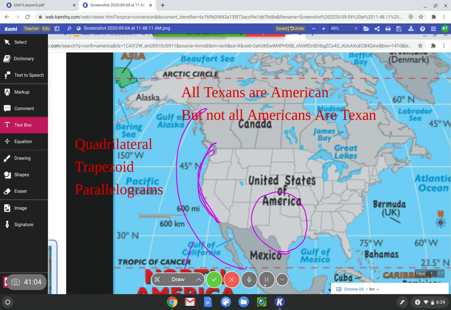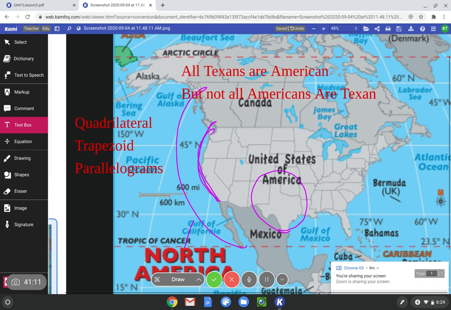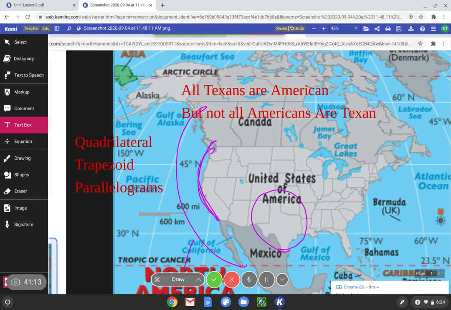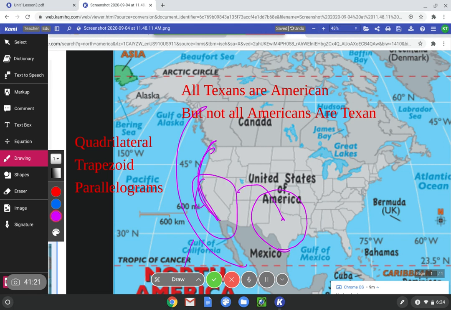So let's repeat that main idea. All Texans are American, because Texas is in the United States. But not all Americans are Texan, because if you're from California, you are not from Texas. Or if you're from New York, you're American, but you are not Texan.